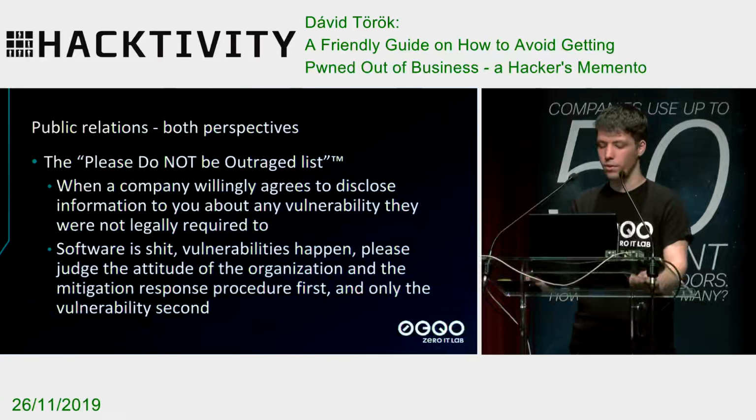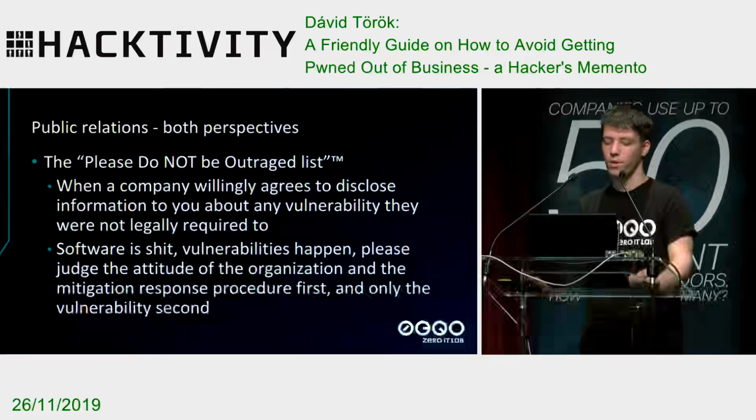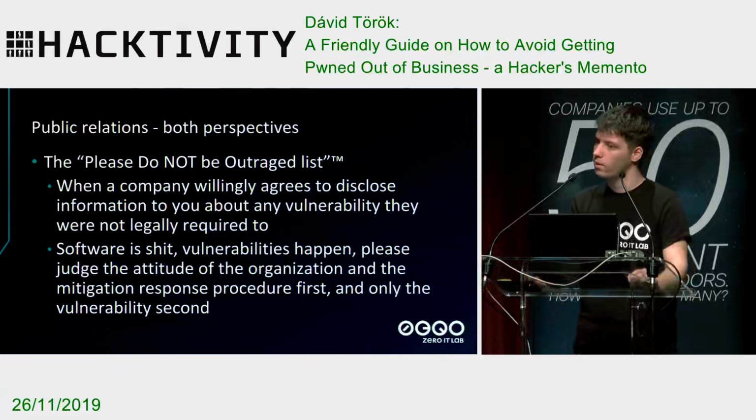Also, you should remember, unfortunately, software is shit. I mean, not all software, there's obviously varying degrees of being shit, but very often software is vulnerable, and you should not be expecting software to be perfectly secure, because that's not really a goal that's fully attainable today. So instead, I would suggest that whenever a disclosure happens, you should judge the attitude of the organization and the mitigation response procedure that they've taken to address whatever was being disclosed, and only the technological vulnerability second.